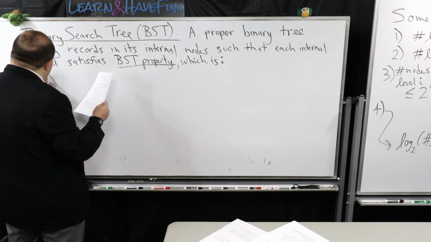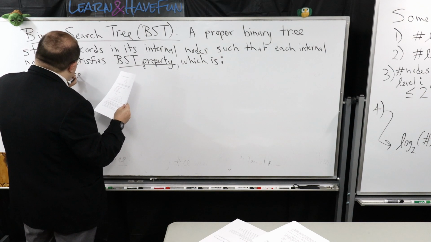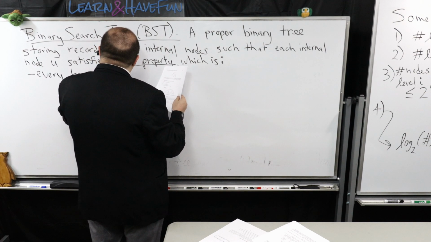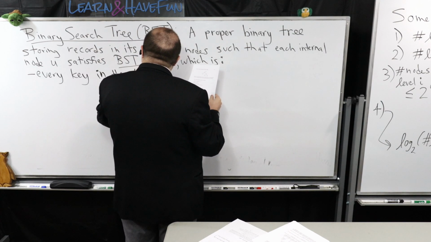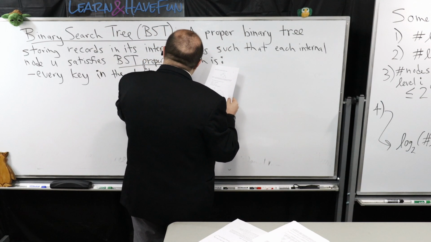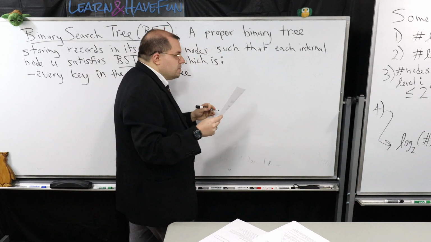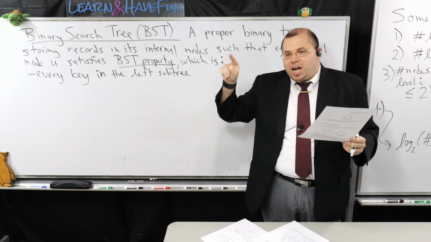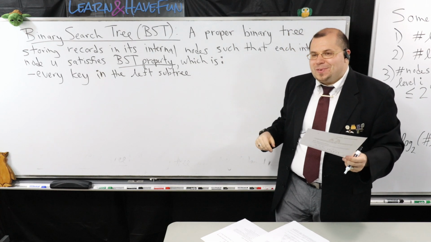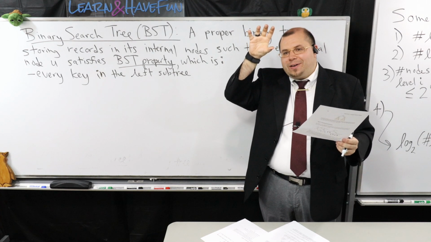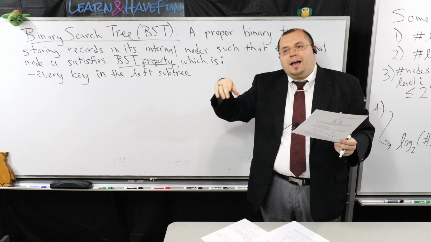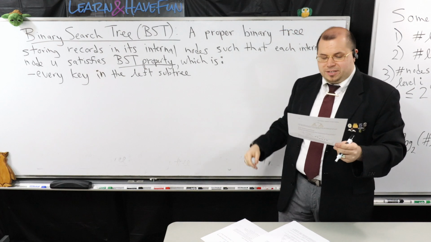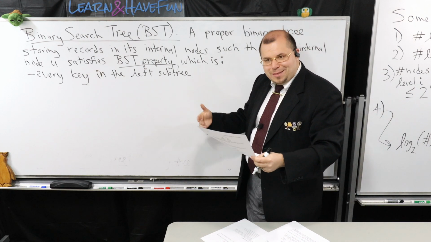So every key in the left subtree, which, to be clear, when I use the term left subtree, I'm talking about the left child subtree. So if I give you a node u, if I examine my left child and I look at its subtree, that is what we call the left subtree, just to be clear. Likewise, you can say the same thing about the right subtree.